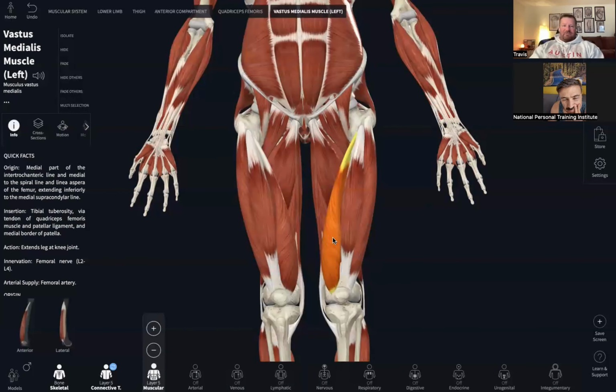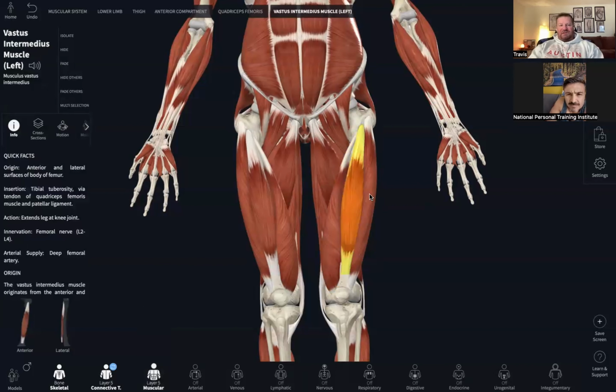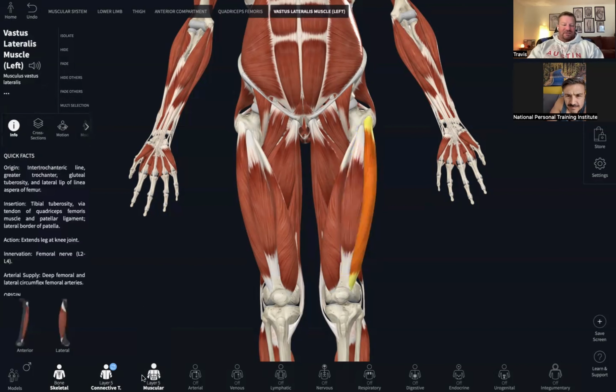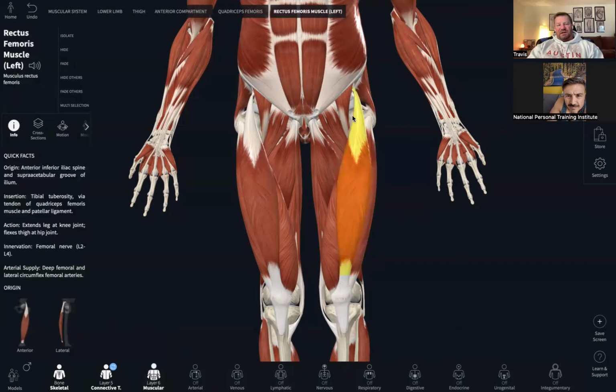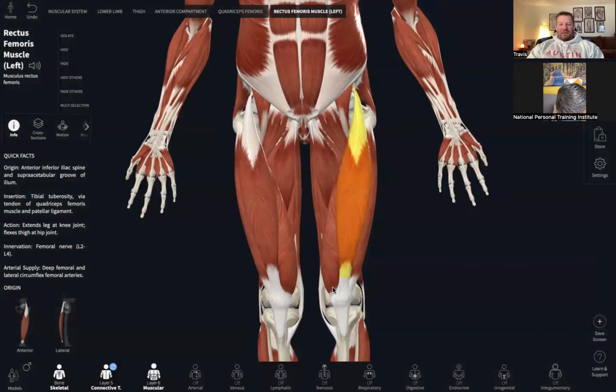We have the vastus medialis, the vastus intermedius, and the vastus lateralis. The next one up is the only biarticulate one, the rectus femoris right here. Biarticulate means that it crosses two joints, your hip joint up here and your knee joint right here. That is the rectus femoris.